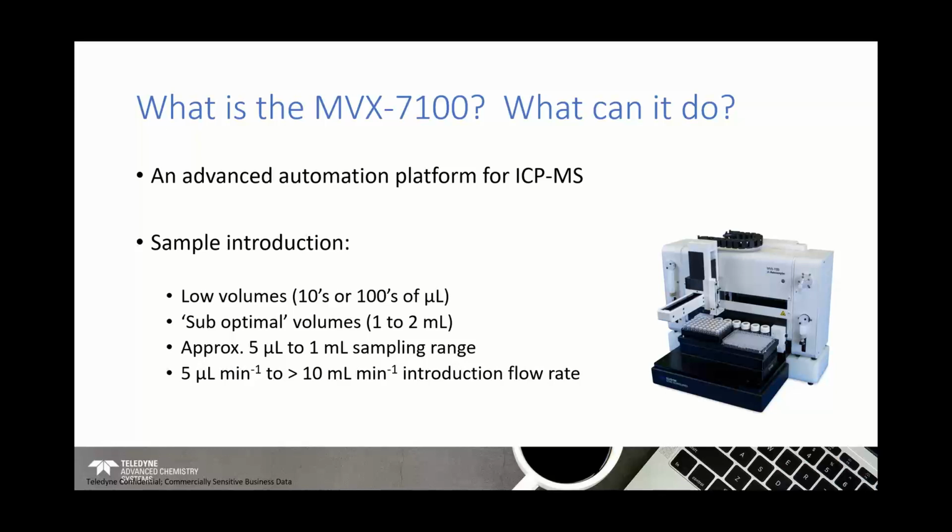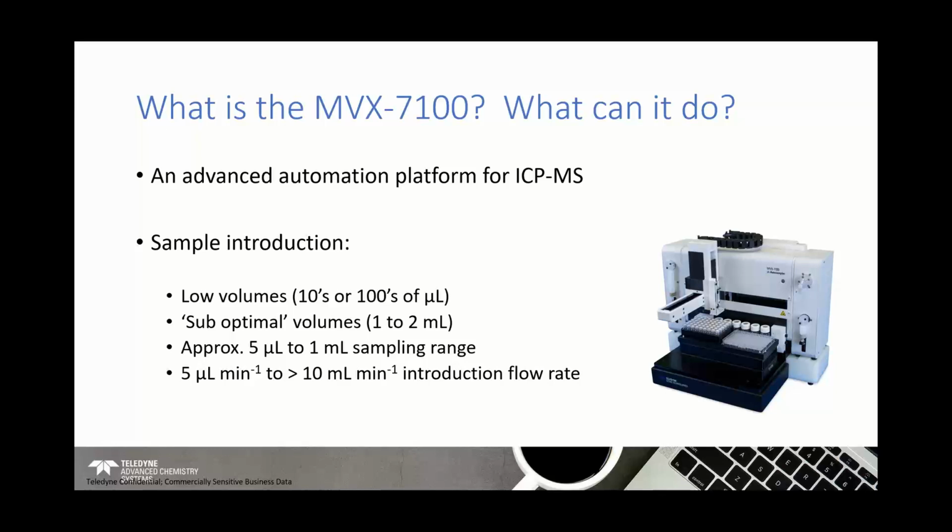What about flow rate? So we've actually got very specific control of how fast or slow a sample is introduced to your ICPMS via the nebulizer. So the range is down to 5 microliters per minute, which takes you into the total consumption range, all the way up to far exceeding any kind of flow rate that you would need for any other nebulizer for ICPMS.